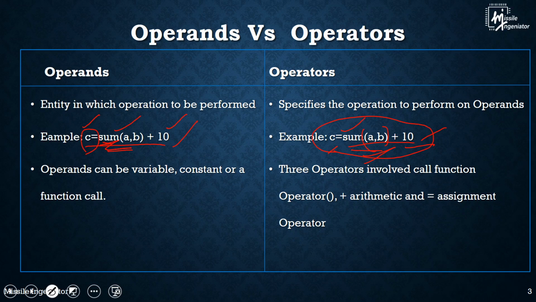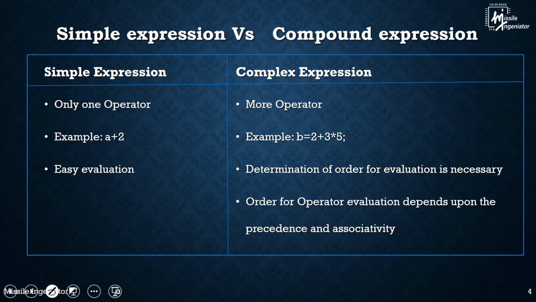The main difference here, I'm repeating again: C, sum, and 10 are all operands, and the plus and the equal to are the two operators. The next thing is we should know the difference between a simple expression and a compound expression.